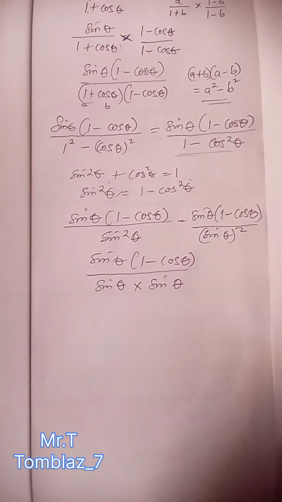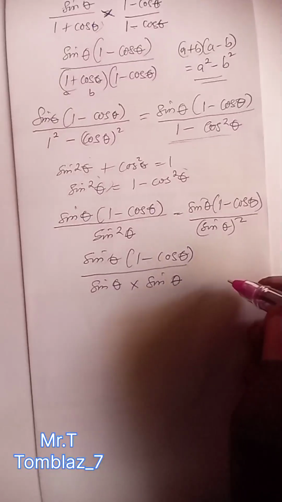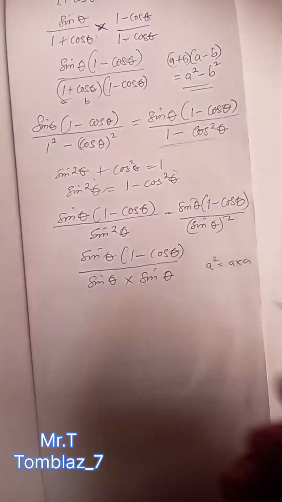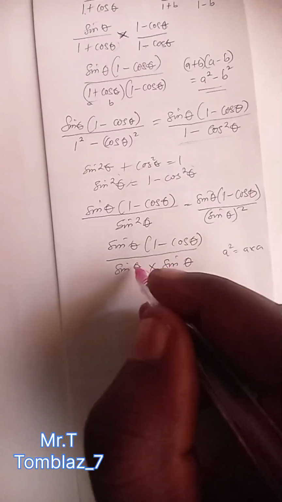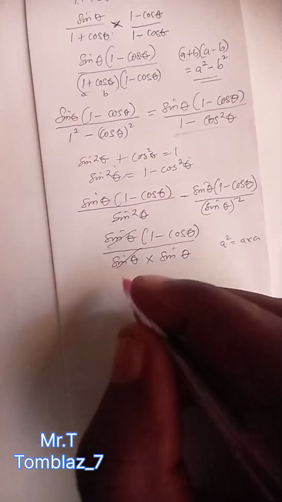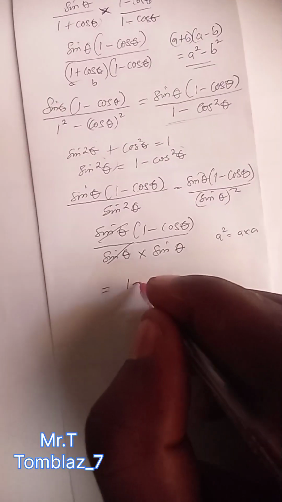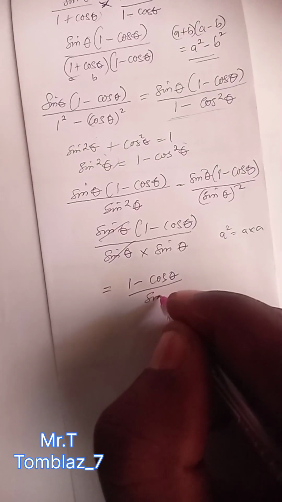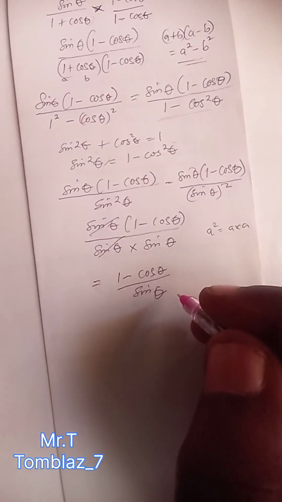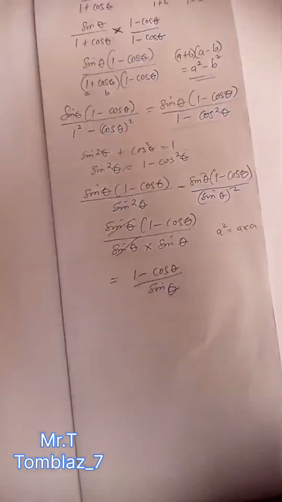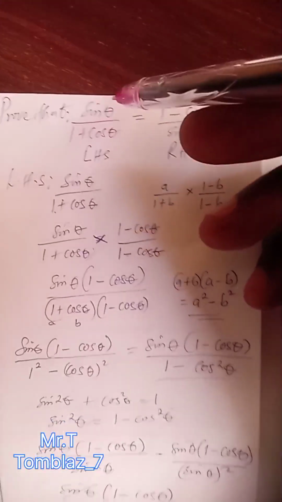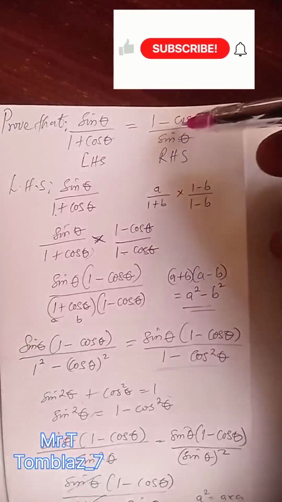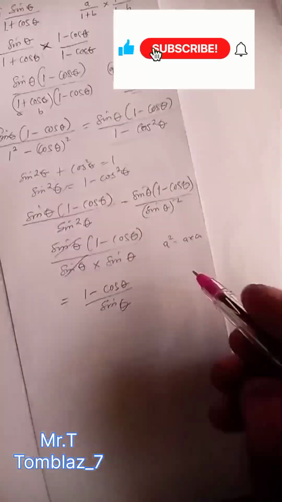Sine theta square means sine theta times sine theta, from a square, which is a times a, right? Okay, so this will cancel out this. So you are left with what? 1 minus cos theta, all divided by what? Sine theta. So you can see that it has been proven that sine theta divided by 1 plus cos theta is equals to 1 minus cos theta divided by sine theta.